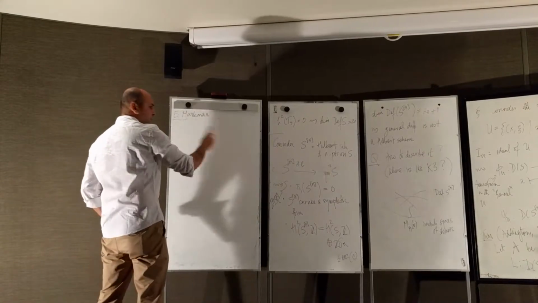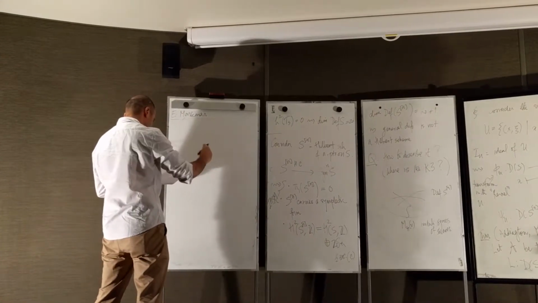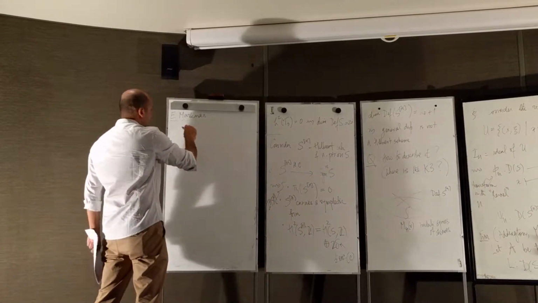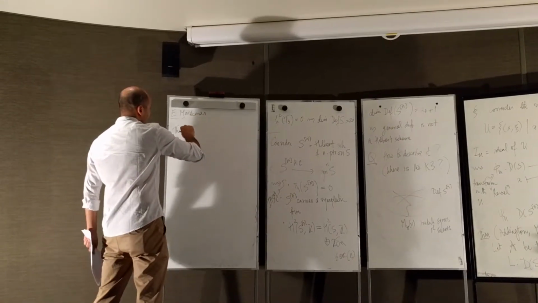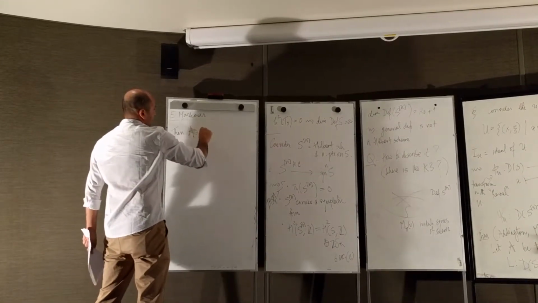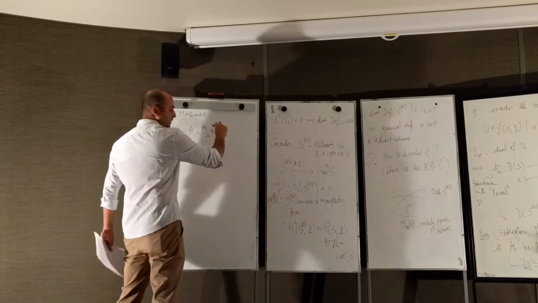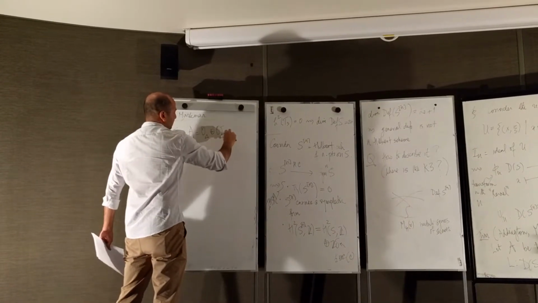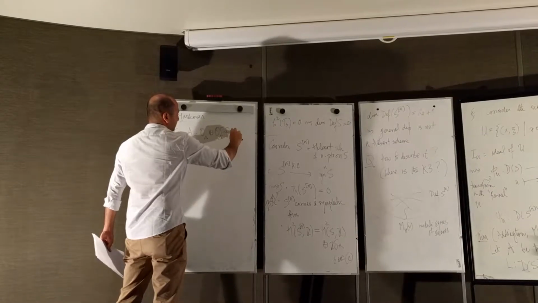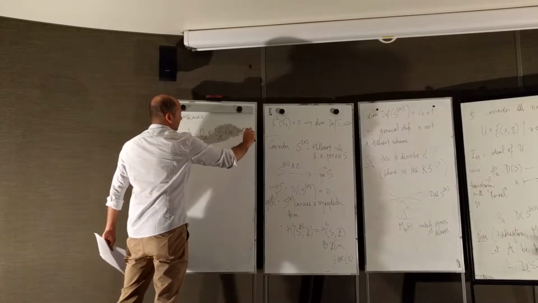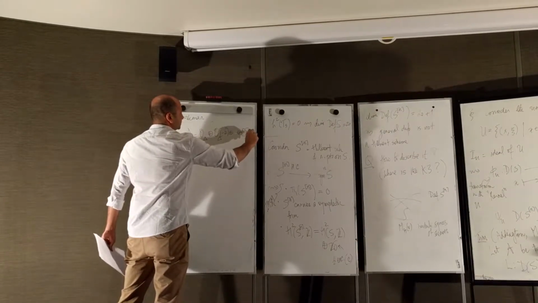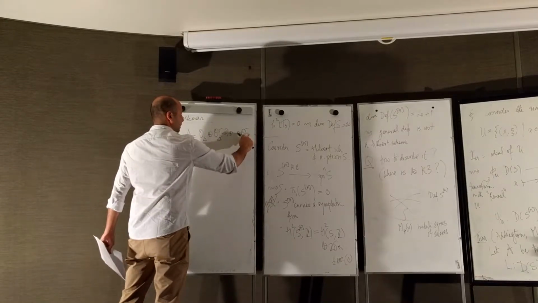So the result is that this kernel A is a direct sum of shifts of the diagonal.